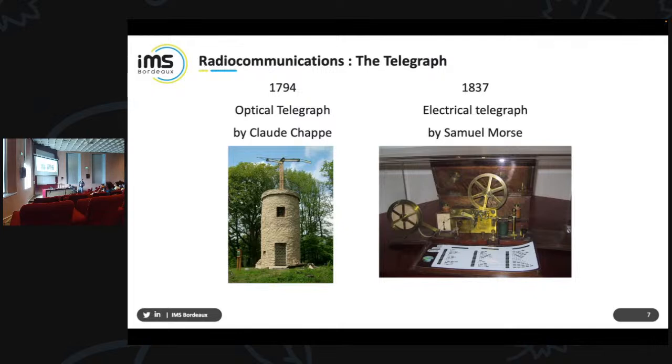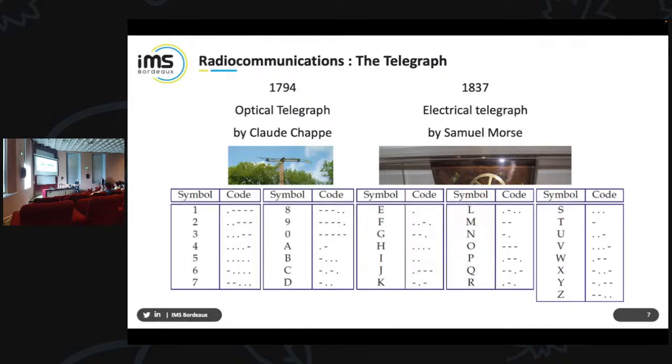And then after came the telegraph to communicate. The fact is with the telegraph, you need to encode everything. Beep, beep, beep. So this is where we start to convert the message we want to send, the way we're communicating, into something discrete.